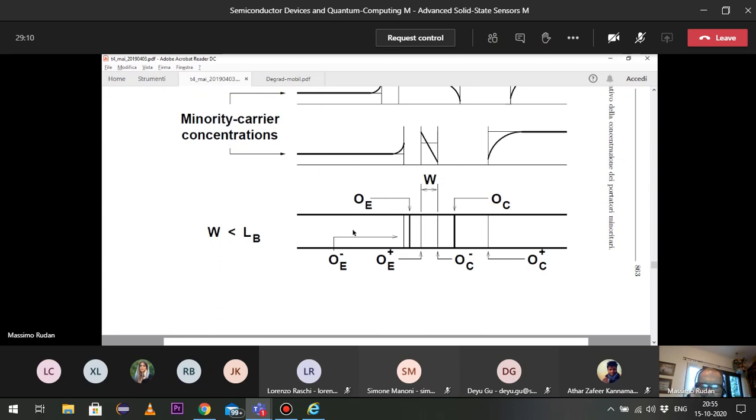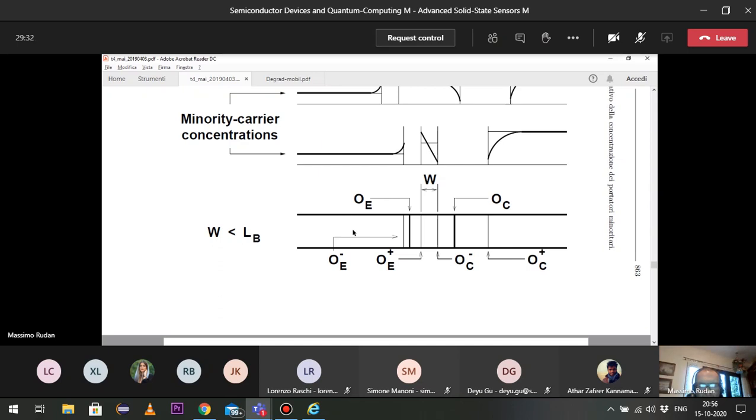And also, we assume the weak injection condition. So we take the linearized form of the net recombination term of the Shockley-Read-Hall type.